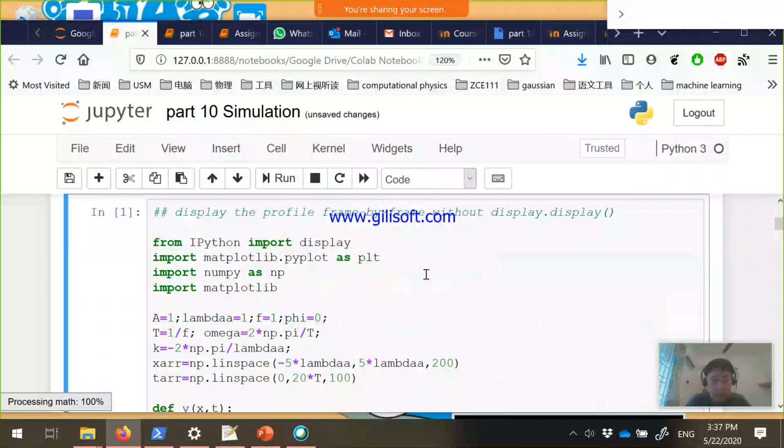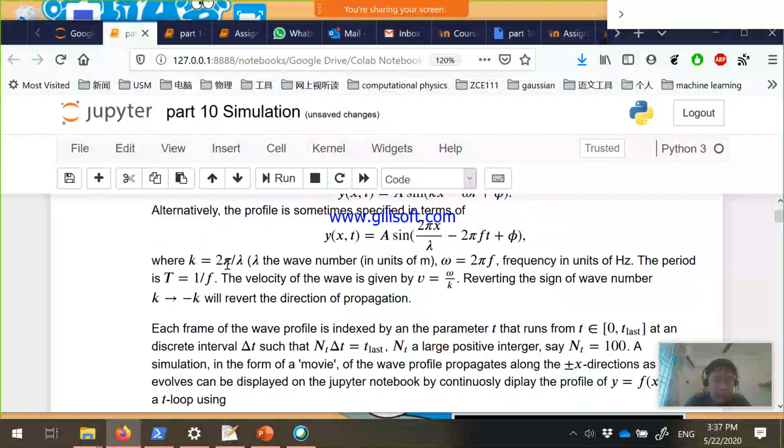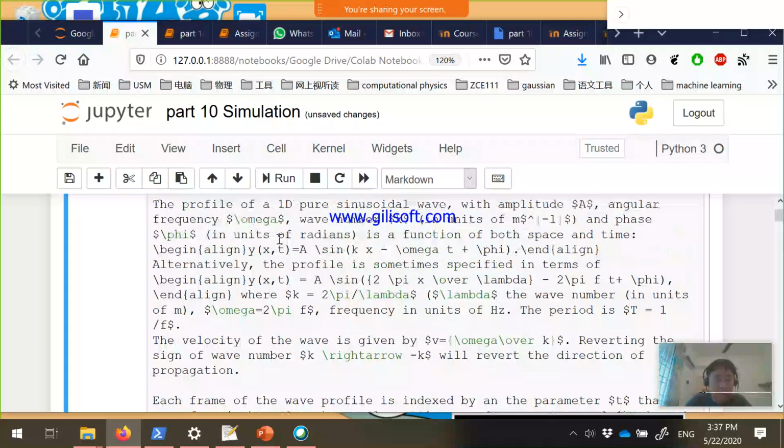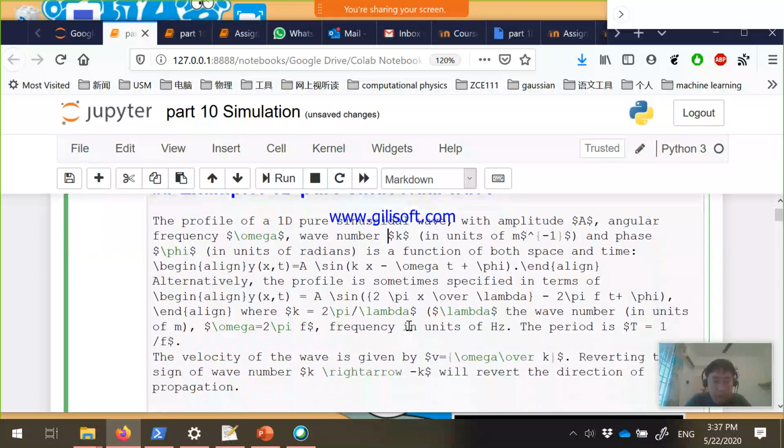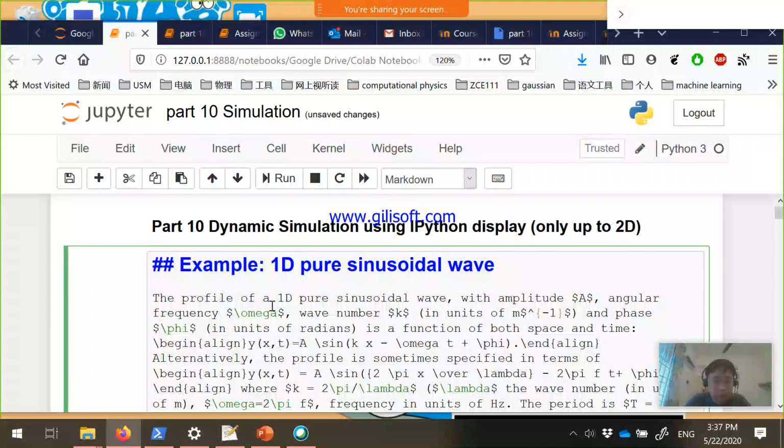Let me see. I think I saw some mistakes. So I wrote that lambda is a wave number, and that's not true. Lambda is not a wave number. Lambda is the wavelength, not the wave number.